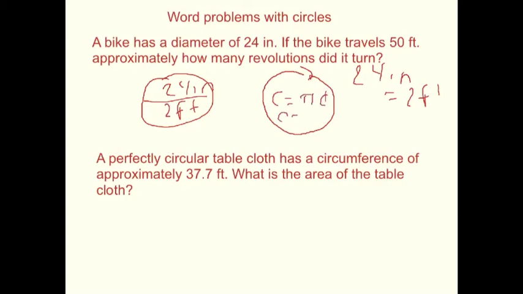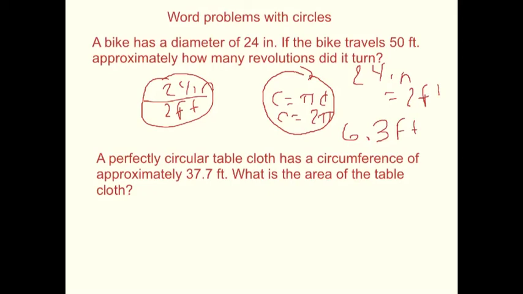So my circumference equals 2 pi, which is approximately 6.3 or 6.28 feet. So that means as a wheel turns one whole revolution, it is going to go approximately 6.3 feet.